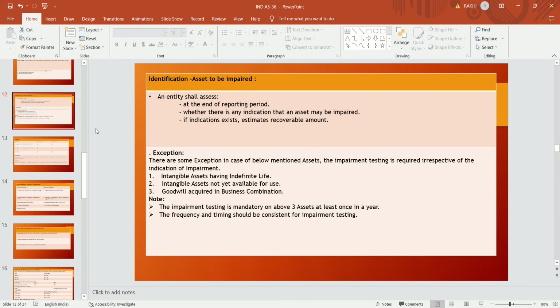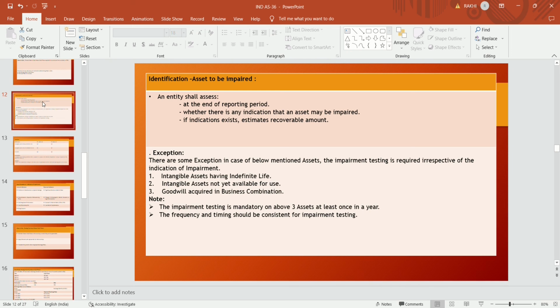Identification of assets to be impaired. An entity shall assess at the end of each reporting period whether there is an indication that an asset may be impaired or not, and if an indication exists, then only they will estimate the recoverable amount. It means it is a responsibility not of an auditor, but of management, to look into their assets at the end of each reporting period for any indication of impairment.